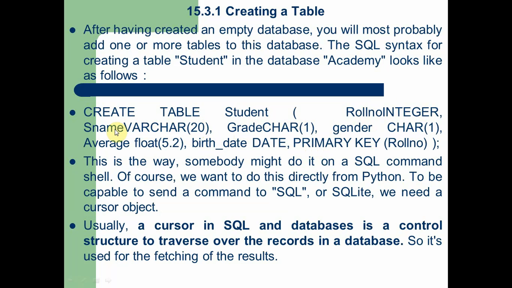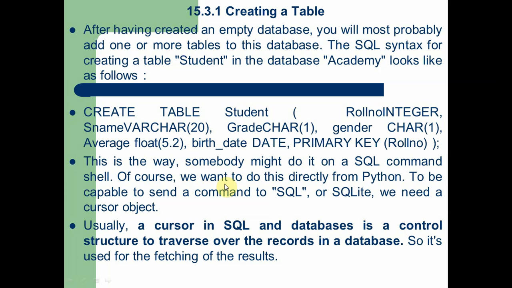They are roll number, student name, grade, gender, average, and birth date, and we also create a primary key for the roll number. This is the way you would do it in a SQL command. The same command is used here, but the method of executing the command is different.